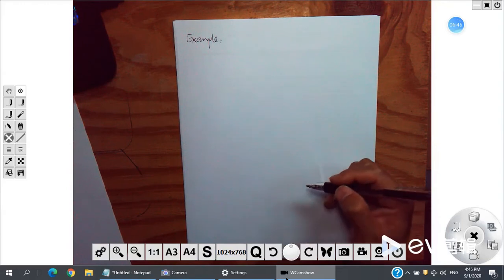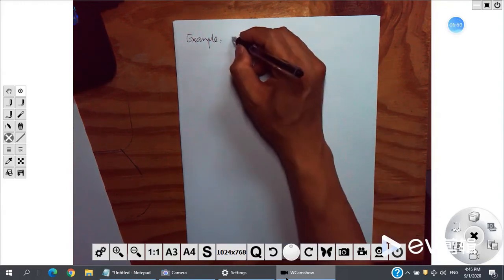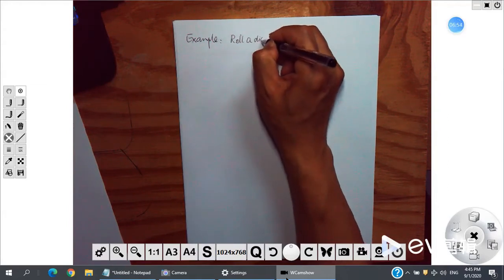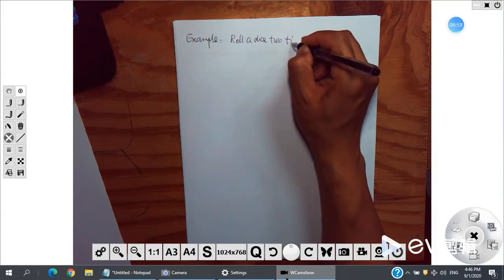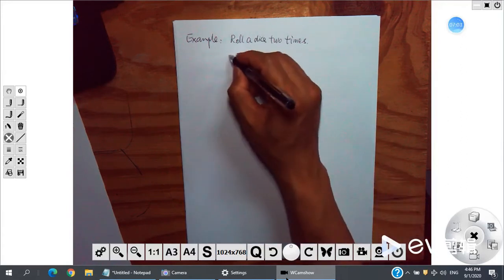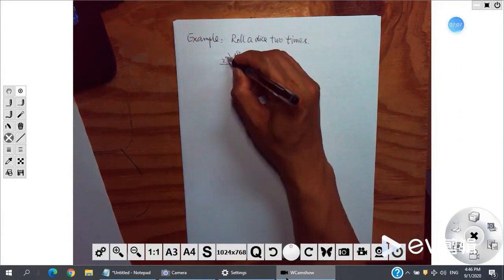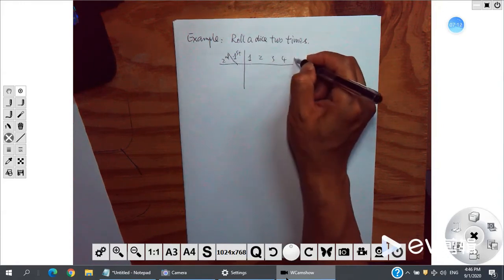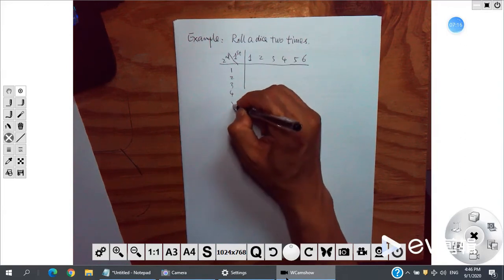I think we had an example last time, right? We roll a die two times. Then we have the result looking like this: the first time, the second time. The first time we can have 1, 2, 3, 4, 5, 6, and the second time we also have 1, 2, 3, 4, 5, 6.